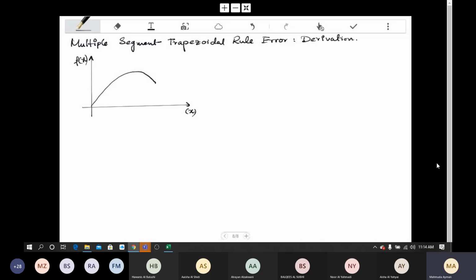Now, if you have a function and you're calculating from a point A to a point B, the area under the curve, as we already know it, all we get is this area, right?